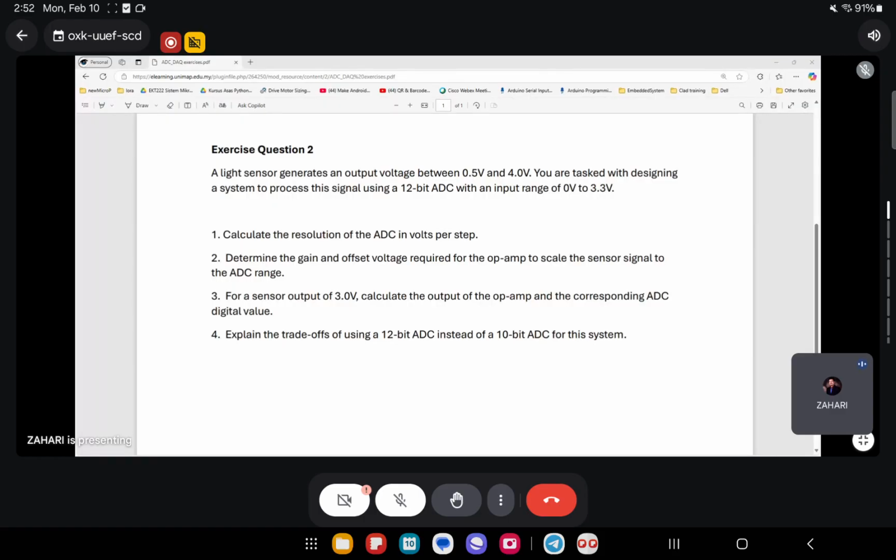There are so many ways to calculate the resolution of ADC. I think just now we also did some resolution calculation by the formula, right? But I will show you the simplest way to do this calculation of the resolution. If you understand what the resolution or step is, how many steps inside the ADC, it will be easy for you to do the calculation. Okay, let me see.